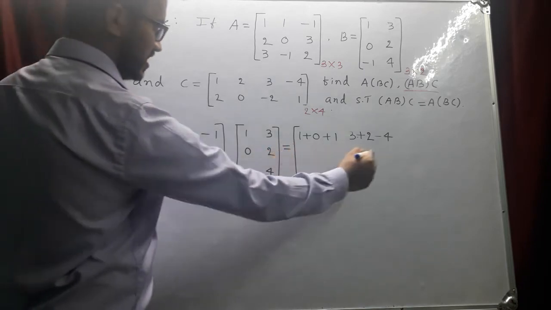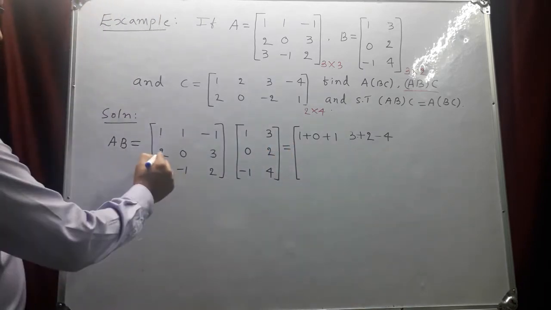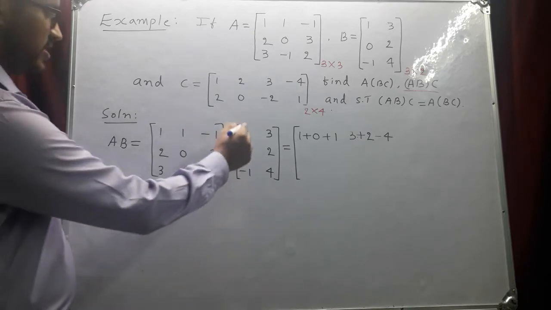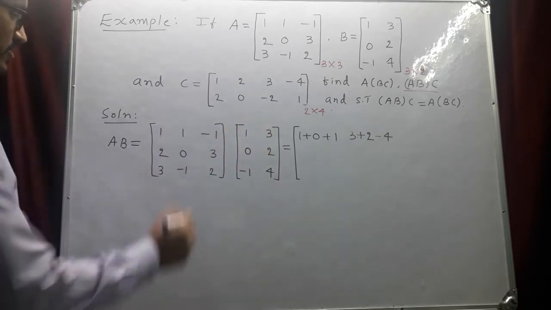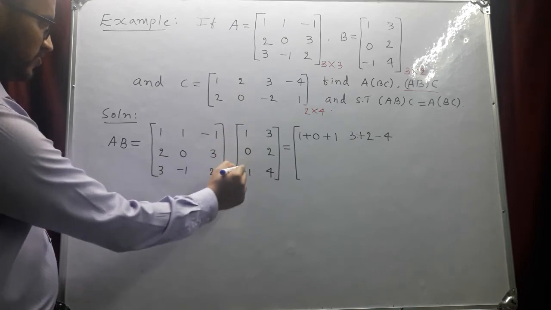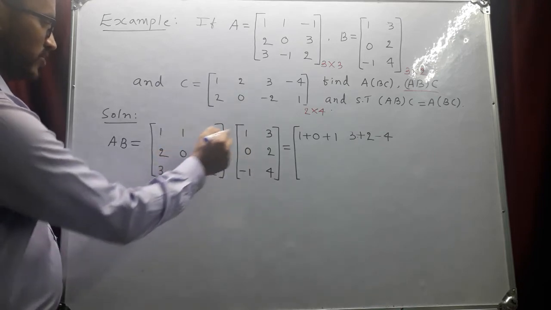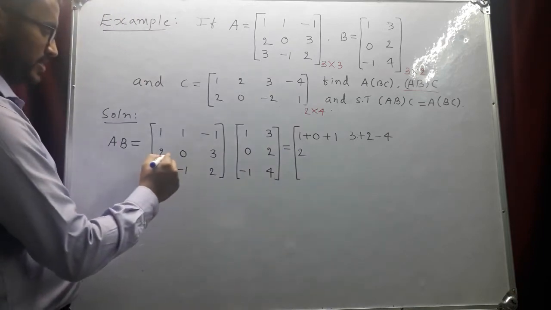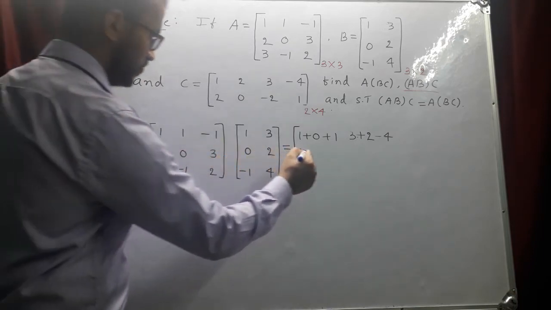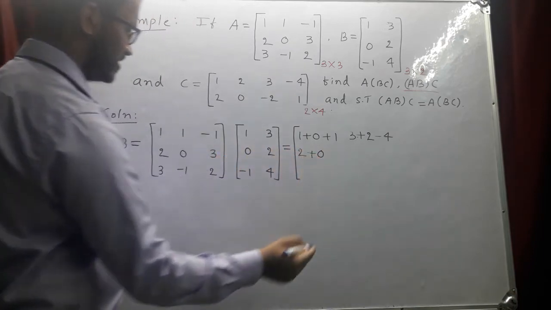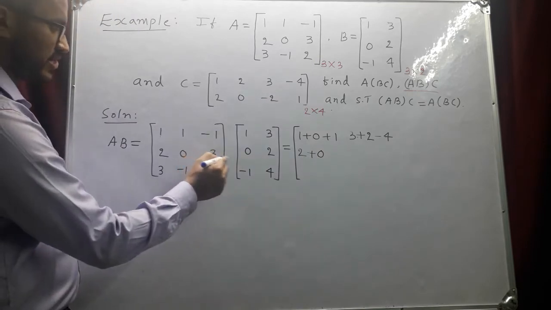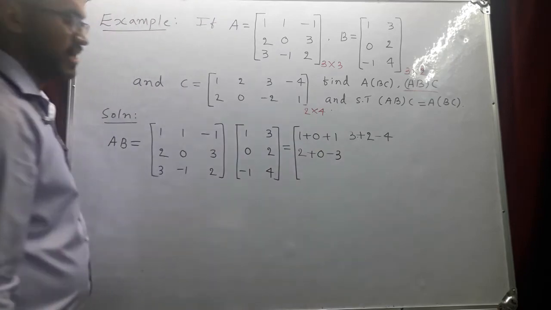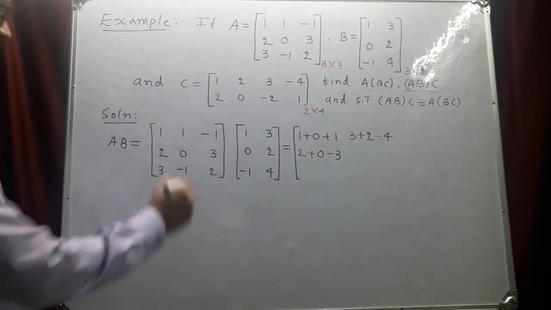To get the second row elements, we have to consider the second row of the first matrix with different columns. So second row into first column: 2 into 1, 2, plus 0 into 0, that is 0, plus 3 into minus 1, that is minus 3.